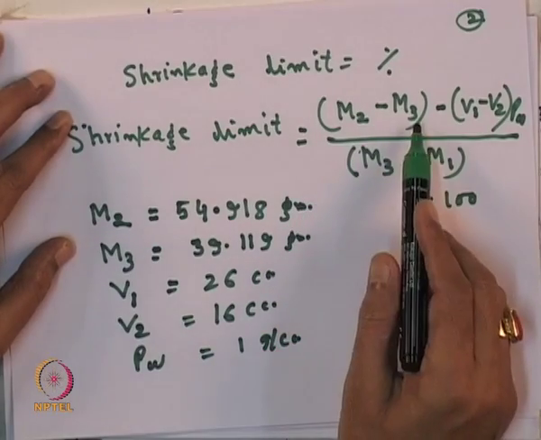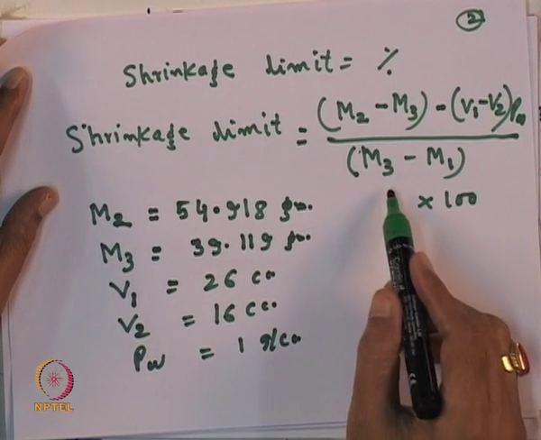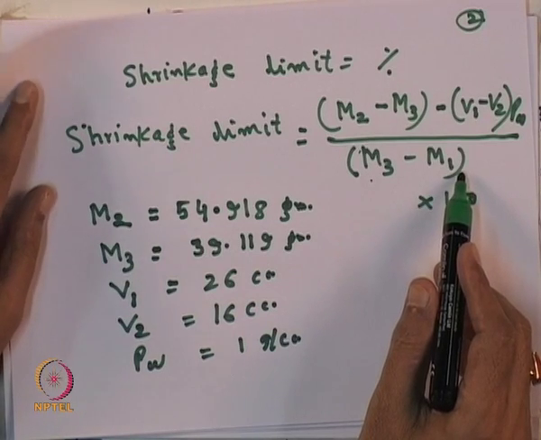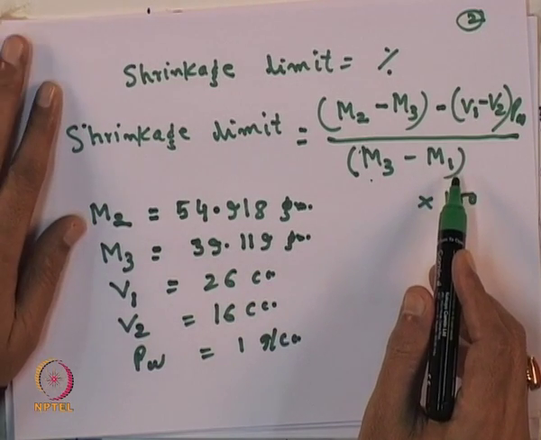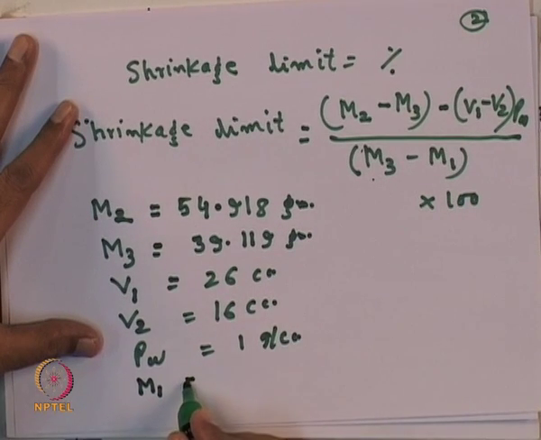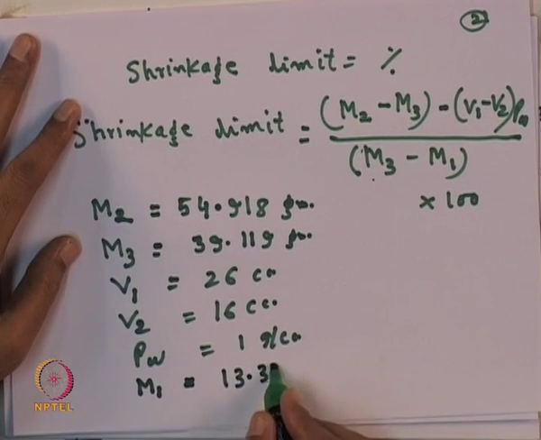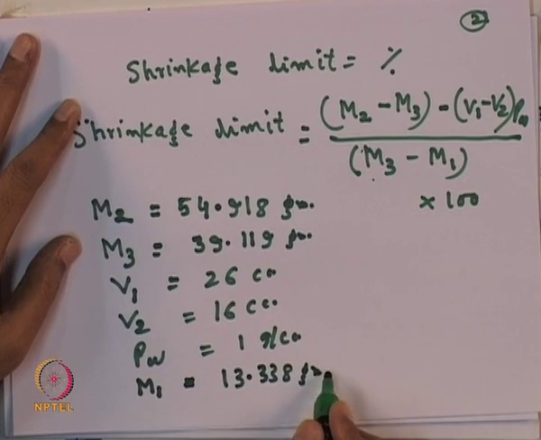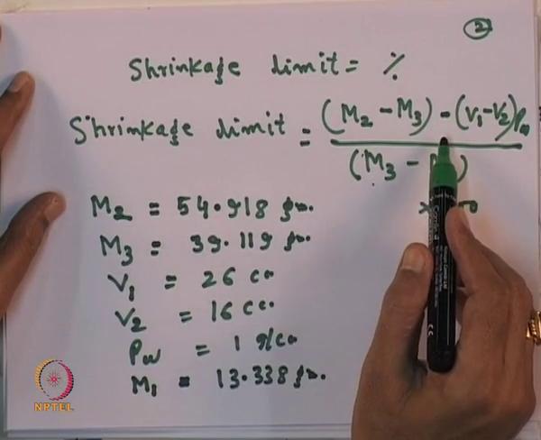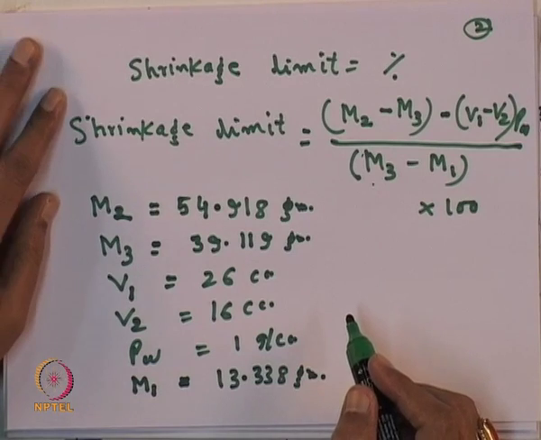So, you know M2, M3, V1, V2, rho W, and M1 is equal to 13.338 gram. Now, you substitute these values in this equation and you can determine the shrinkage limit.